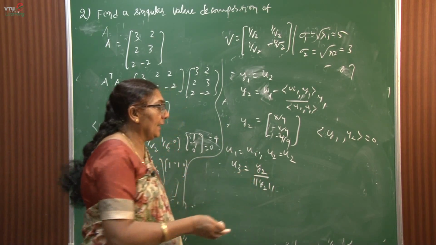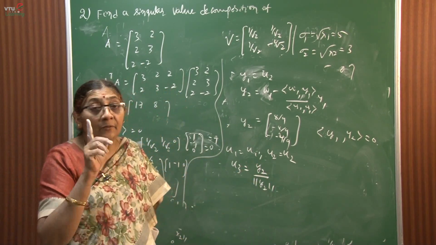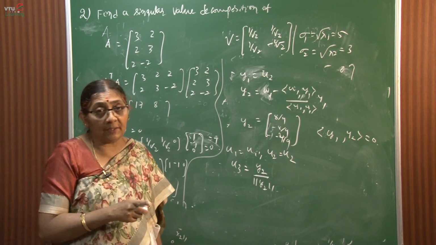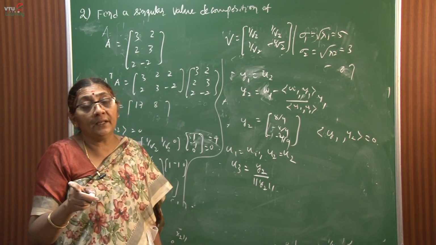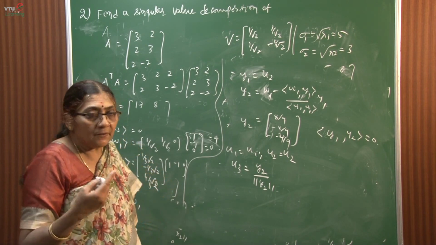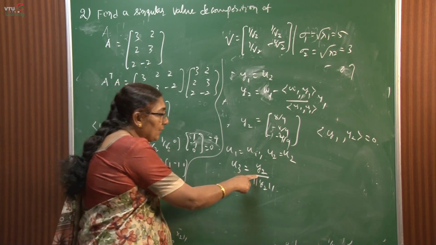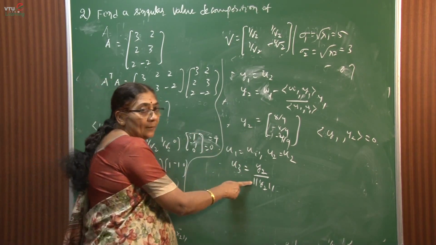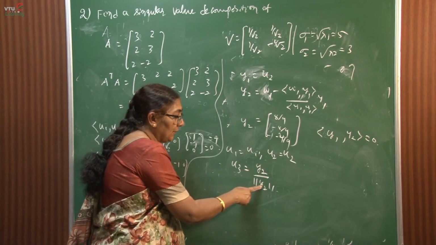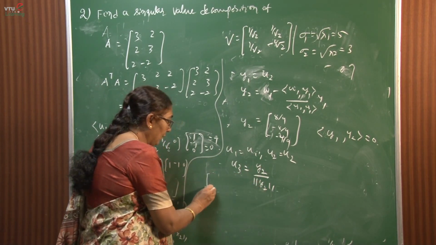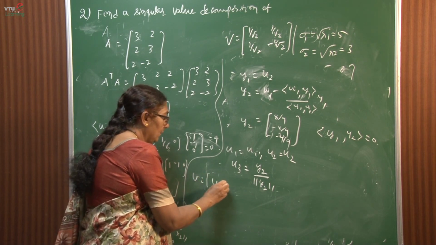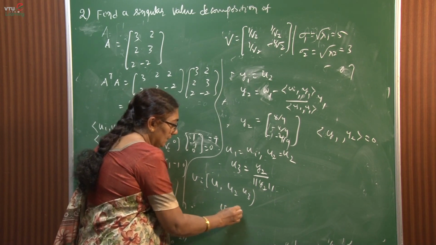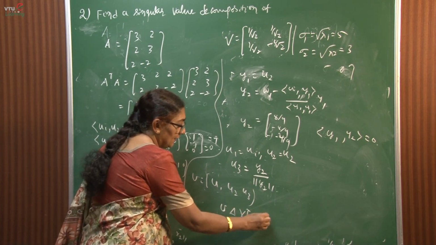But y2 comes from Gram-Schmidt, which converts a non-orthogonal vector to an orthogonal vector, but not directly to an orthonormal vector. Therefore, the vectors obtained from Gram-Schmidt must be normalized. So u3 is y2 divided by the norm of y2, and then you frame U as u1, u2, u3, and multiply U sigma V transpose to get A.